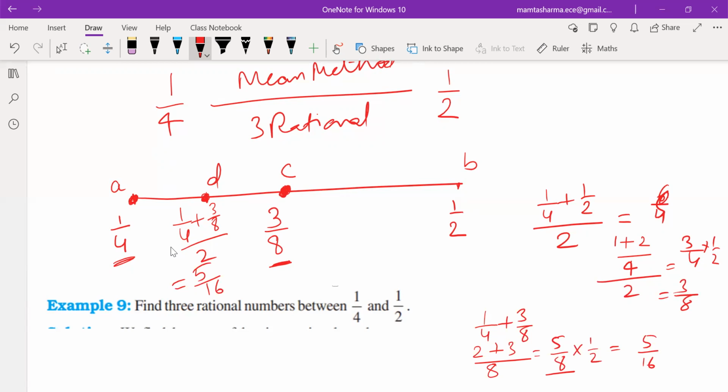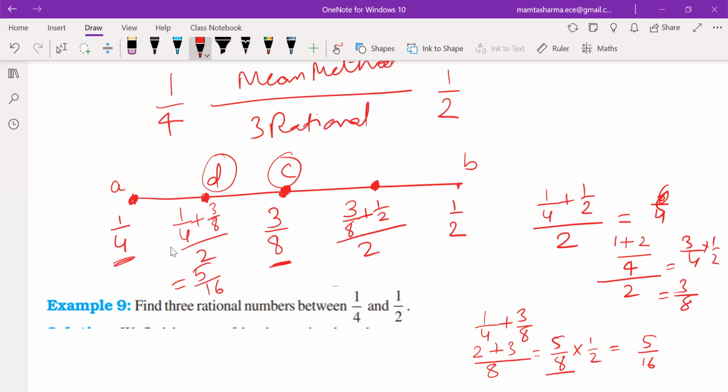Now see, we have to find 3 rational numbers. Till now we got only 2, D and C. Now there is a possibility to find the mean of these two numbers, so apply the mean method. 3 by 8 plus 1 by 2 divided by 2.